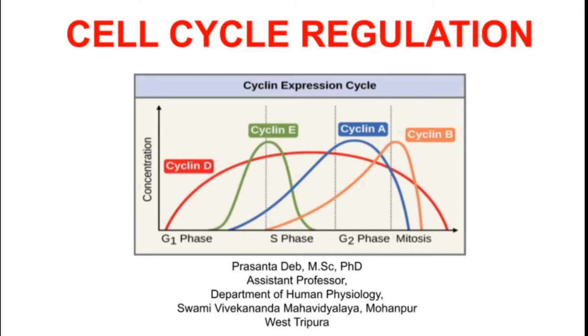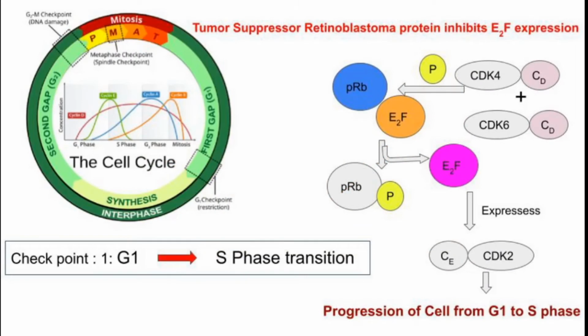Now we will discuss the various checkpoints that control the cell's progression from one phase to the other. The first checkpoint is between the gap phase 1, G1, and the synthesis phase, that is the S phase.